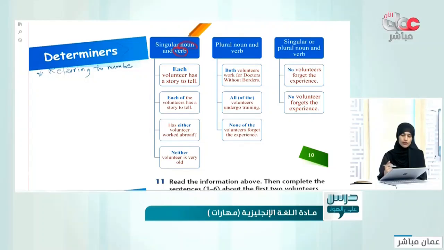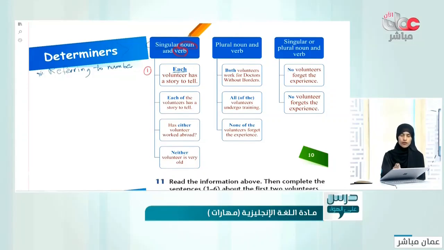Let's look at the first example here. Each volunteer has a story to tell. The determiner each means each one of all the ones I have, each volunteer, each one of them. All of these here are used when the noun and the verb are singular.